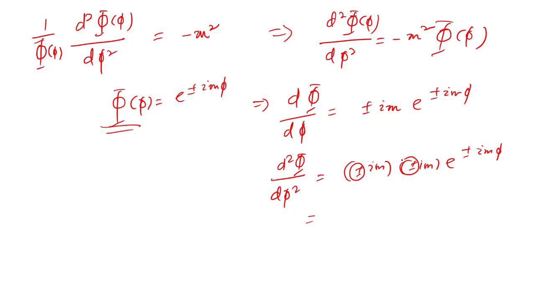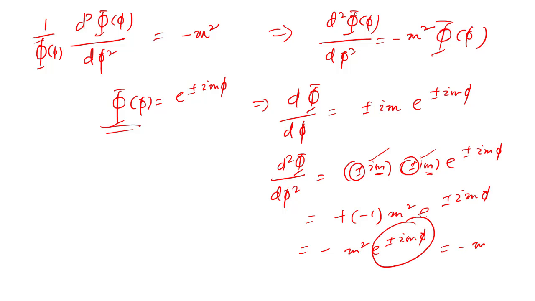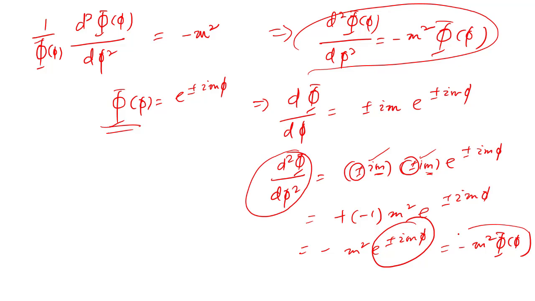Irrespective of whether it is minus or plus, you get an overall plus because you're multiplying the same thing twice. And then I have i times i, that is i squared, which is minus 1, and then I have m squared, so that is equal to minus m squared e to the power plus or minus i m phi. This is the function. So we have obtained d squared phi by d phi squared is equal to minus m squared phi of phi.